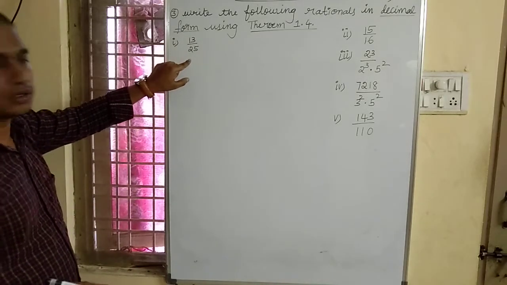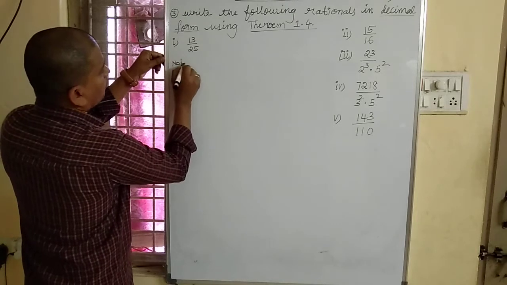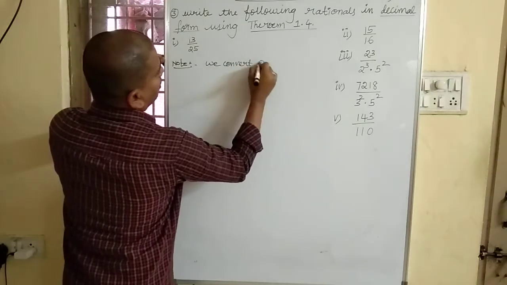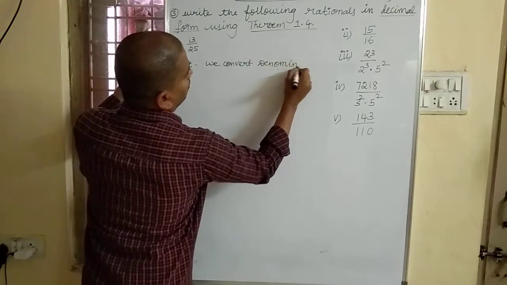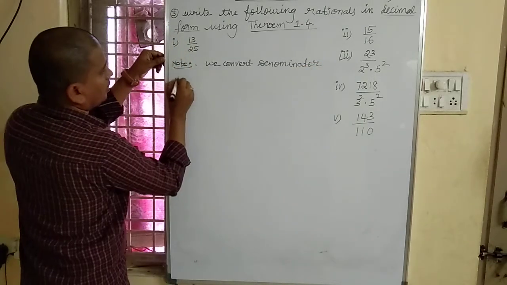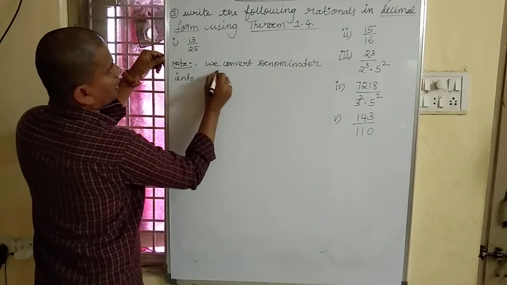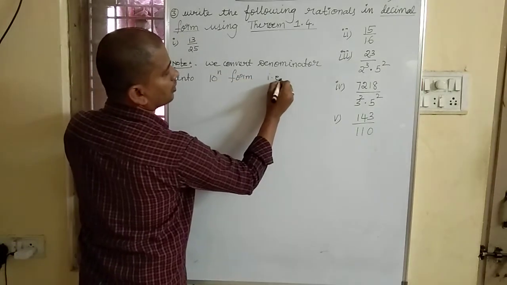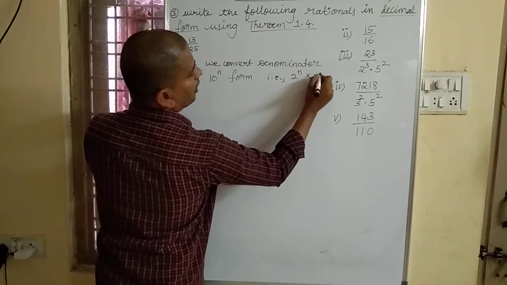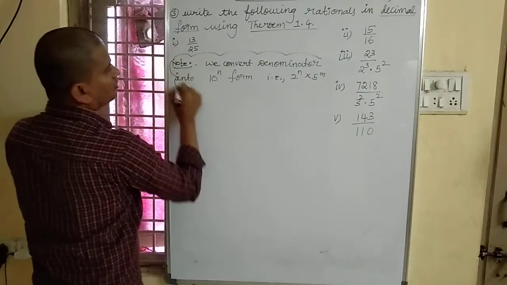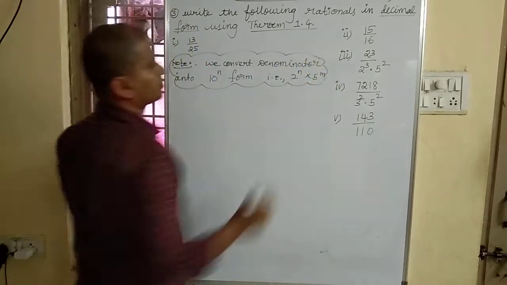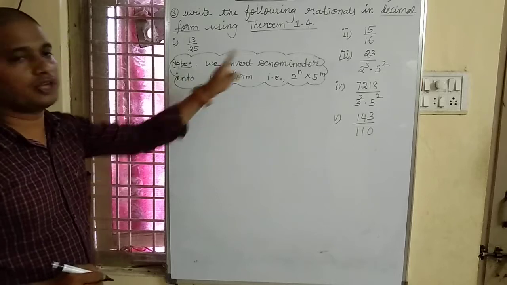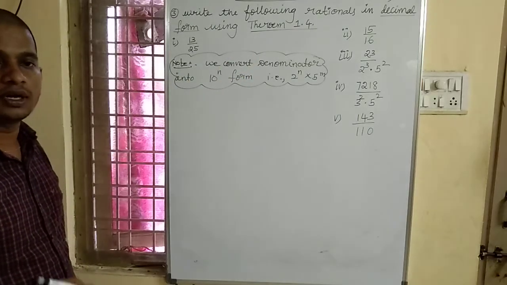We convert the denominator into 10 to the power n form, that is 2 power n into 5 power m. This point you have to remember. We have to convert the denominator into 10 to the power n form.